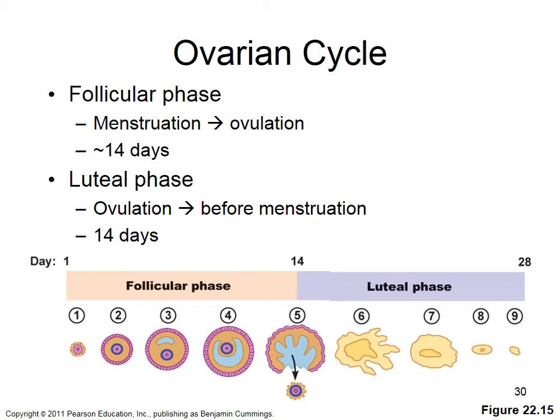This yellow blob in number 6 is the corpus luteum. The corpus luteum dominates during the luteal phase. If you don't get implantation and the production of human chorionic gonadotropin, the corpus luteum will degenerate, and a new follicle will develop.